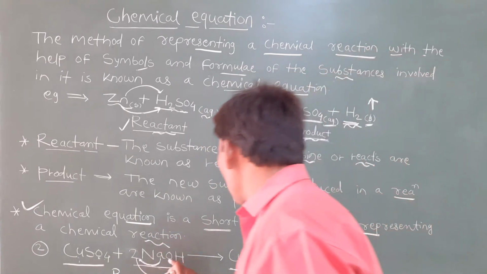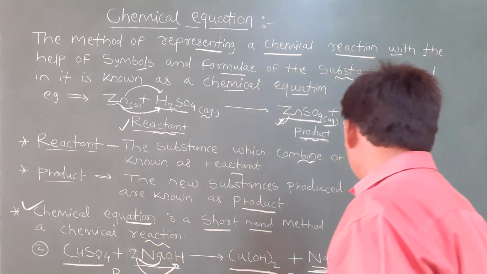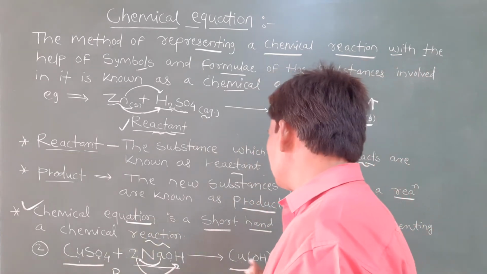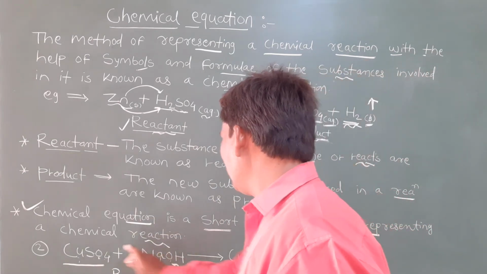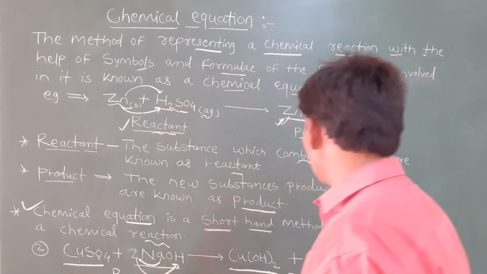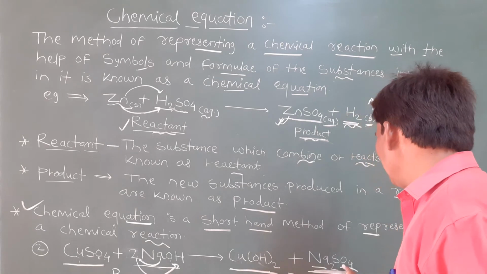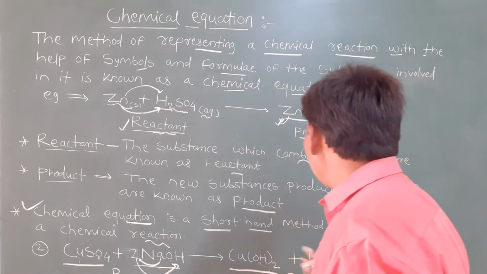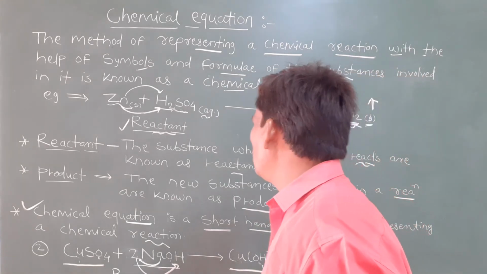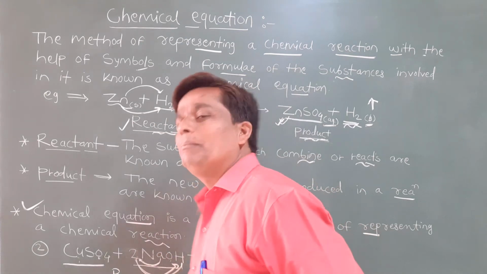Then check oxygen: 2 oxygen and 4 oxygen, total 6 oxygen, and on the product side also 2 oxygen and 4, total 6 oxygen. Hydrogen total is 2. These are the balancing checks.